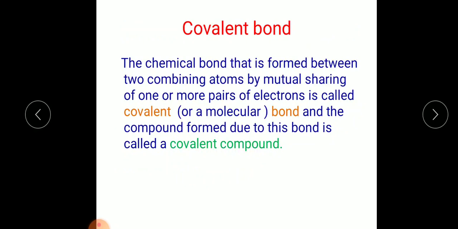So those were the characteristics of ionic compounds. Now we'll discuss the second type of bond, that is covalent bonds.